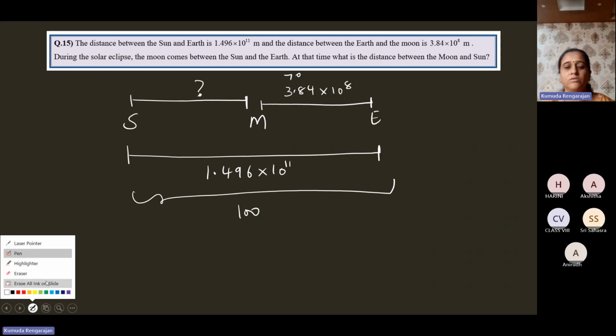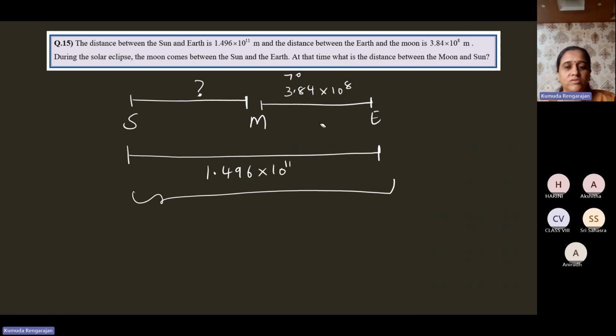Thank you, Anirudh. Others understand? Yes, ma'am. If the distance between the Sun and Earth is 100, and the distance between the Moon and Earth is 70, then 100 minus 70, 30, is the distance between the Sun and the Moon.